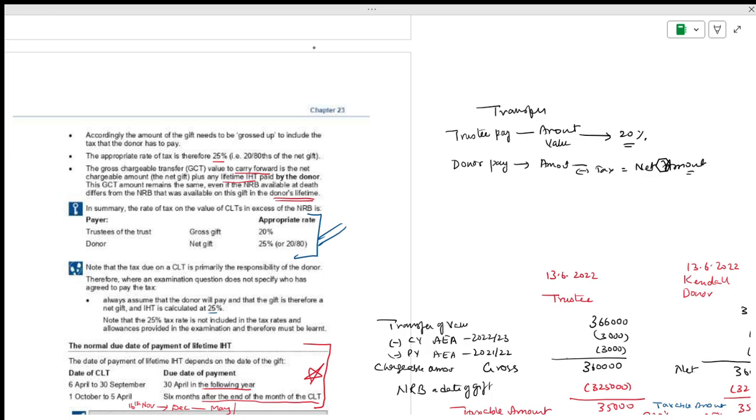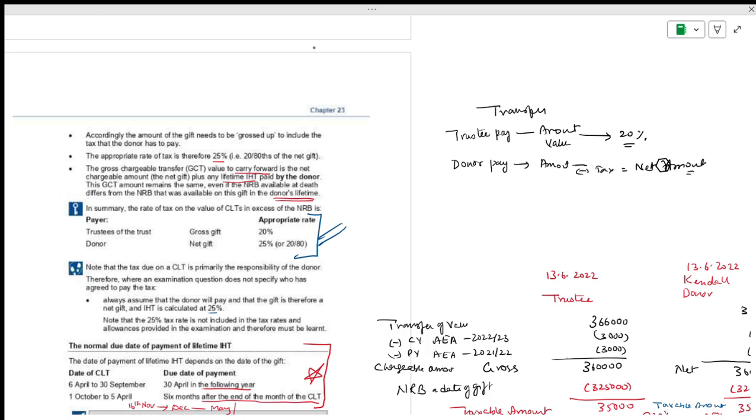If I am paying tax on behalf of you, then first I will deduct the tax, and whatever the amount, I will transfer to you. Are you understanding like this? If I am paying tax, I will not pay from my own amount; from the transfer value I deduct the tax, then I transfer to you.